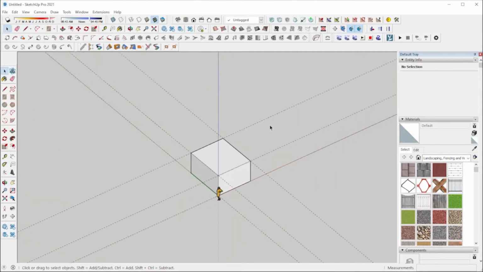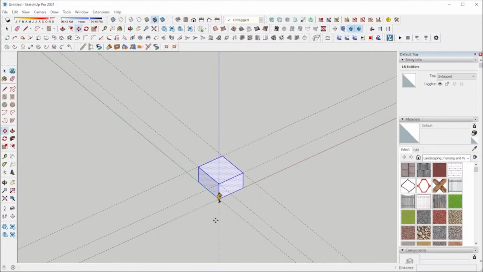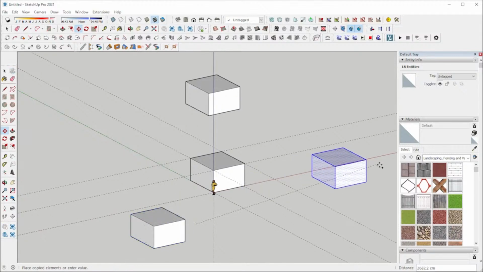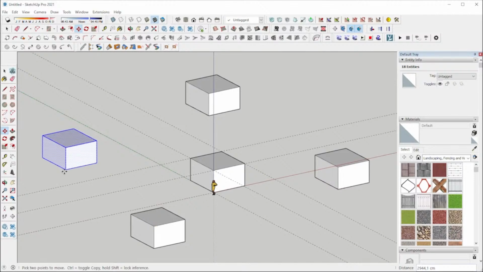If you copy this object, the size of both of them is the same. It doesn't matter if it's closer or farther, the size is the same. Going left or right is the same. All the lines parallel with green seem completely parallel.